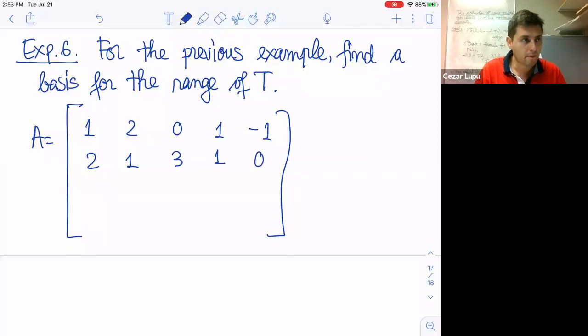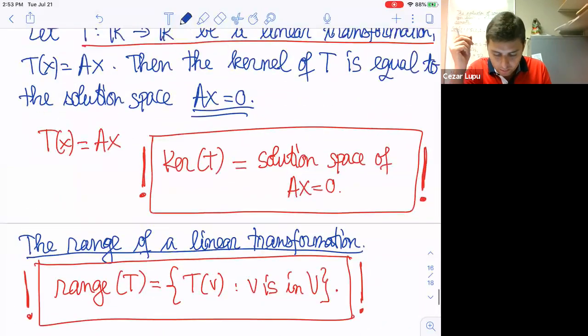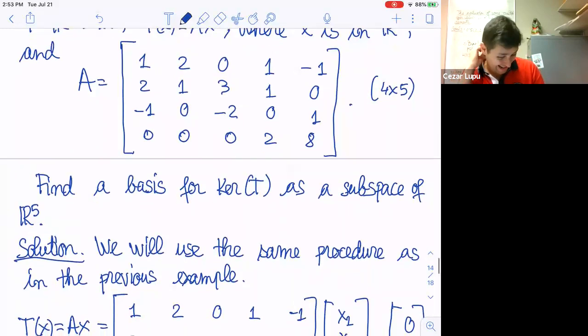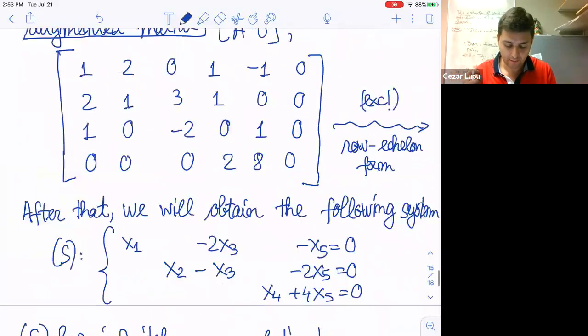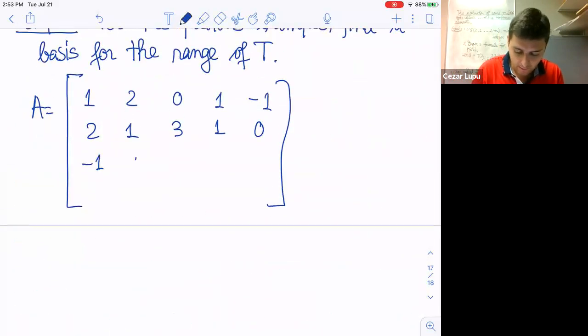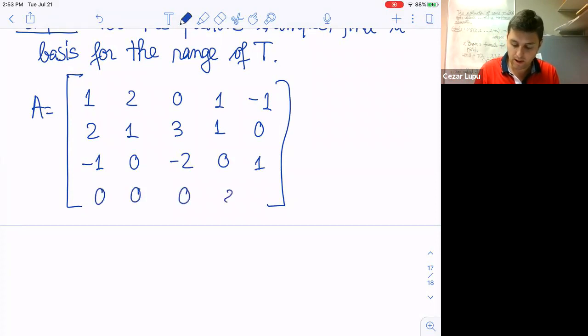The third one was negative 1, 0, negative 2, 0, 1. And the last one was easy, 0, 0, 0, 2, and 8. So that was the matrix.